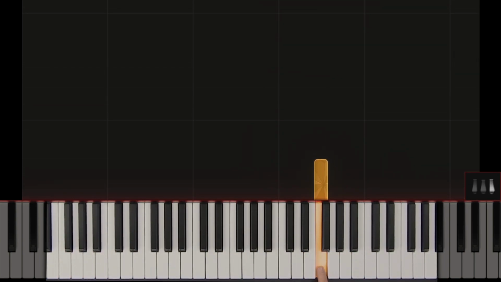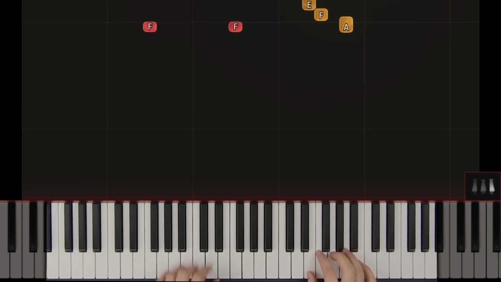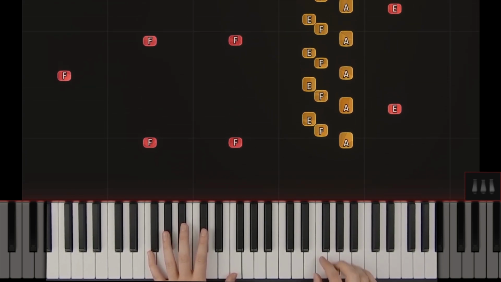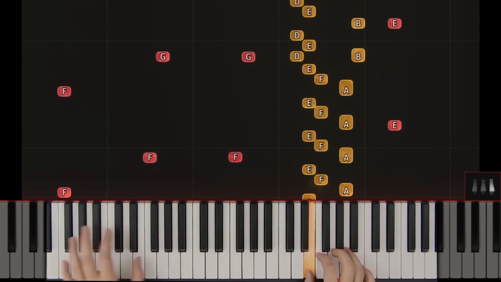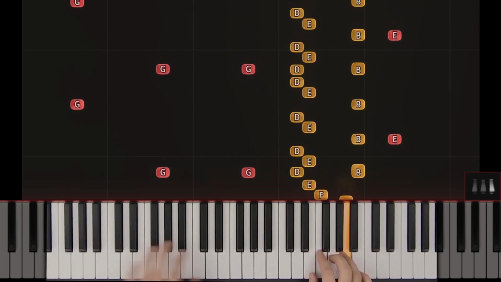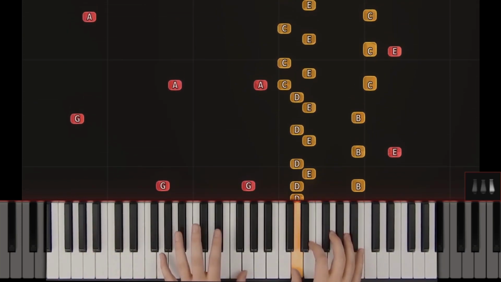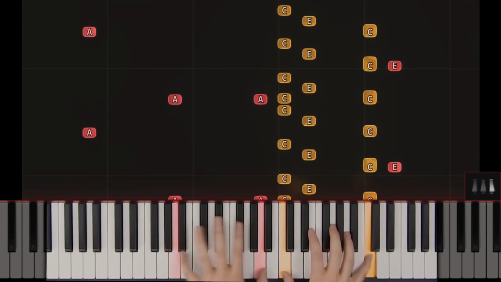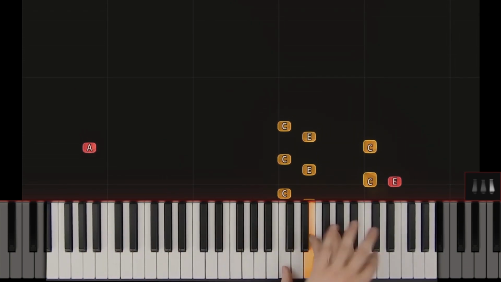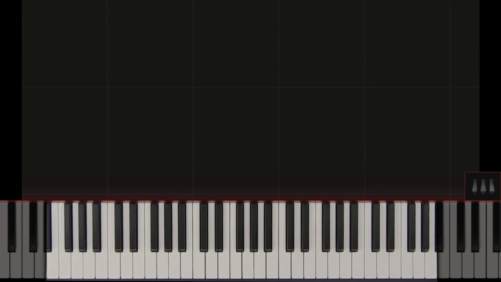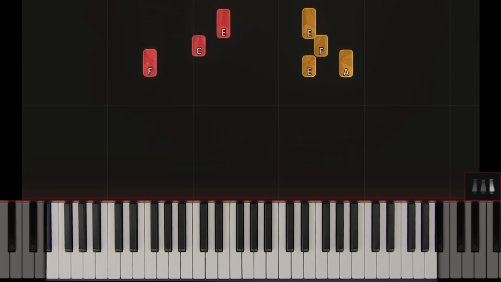Right? The second time you go through it, it's triplets in the middle section here. And the last time is just when it's as big as possible. It's just this enormous wall of sound.